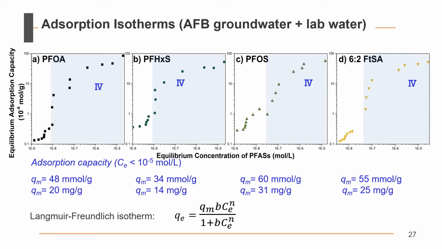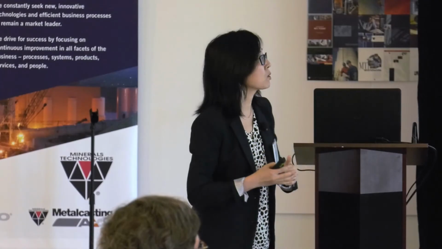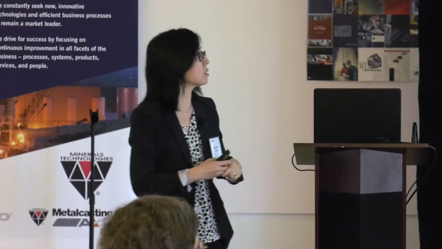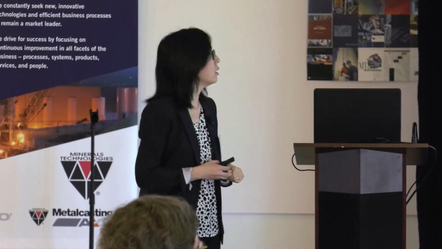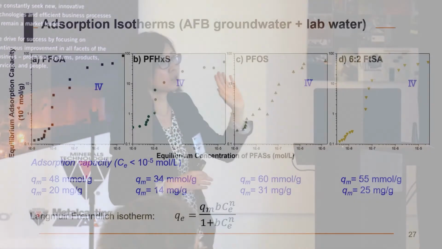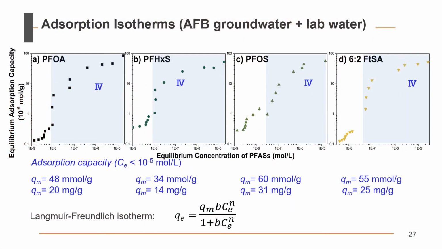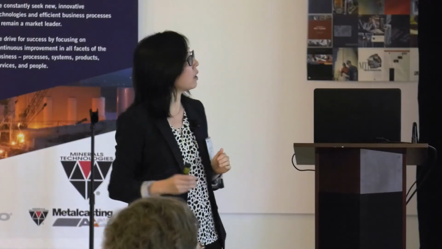And for 6:2 fluorotelomer sulfonate, for those not familiar, which comes from DuPont products or fluorotelomer type chemistry and also appears in very high concentration, the capacity was about 25 milligram per gram. Still, the isotherm is unusual. We have to use another combination of Langmuir for each isotherm in order to describe the shape mathematically.